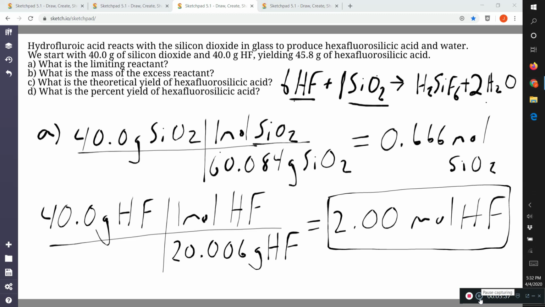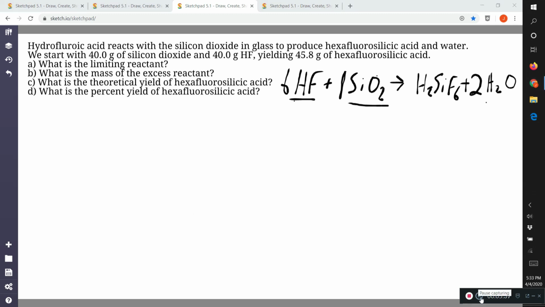Just going to clear that out. So for part B, we're trying to find the mass of the excess reactant. That's the extra silicon dioxide we're going to have lying around. We don't need to convert from 40 grams of hydrofluoric acid to moles. We already did that. We found that we have 2.00 moles of hydrofluoric acid to start with.